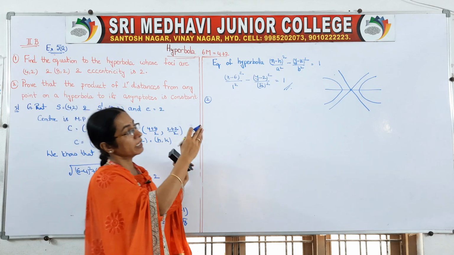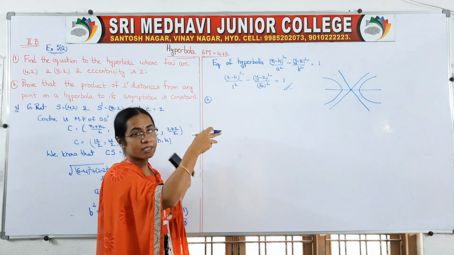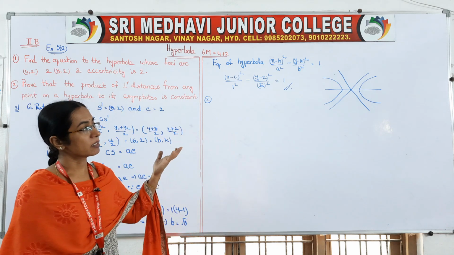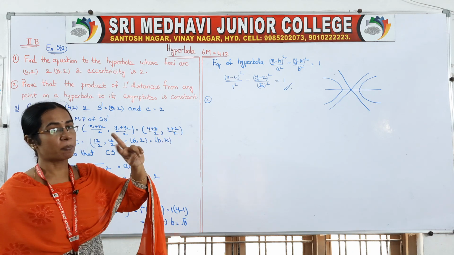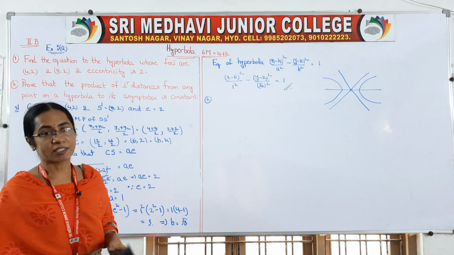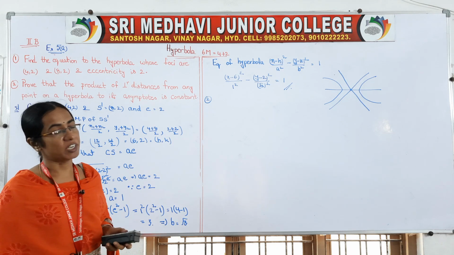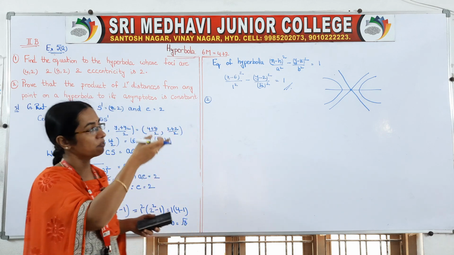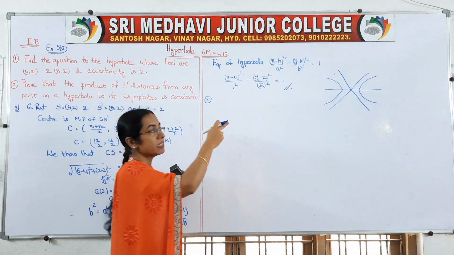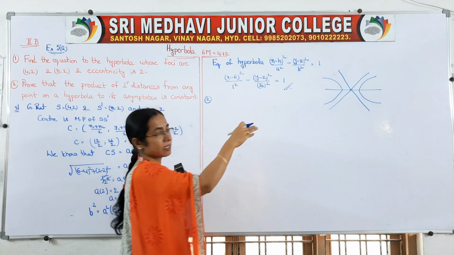Two lines are possible, so there will be two asymptotes. Asymptote means nothing but a line which passes through the origin and cuts the axis into two parts.